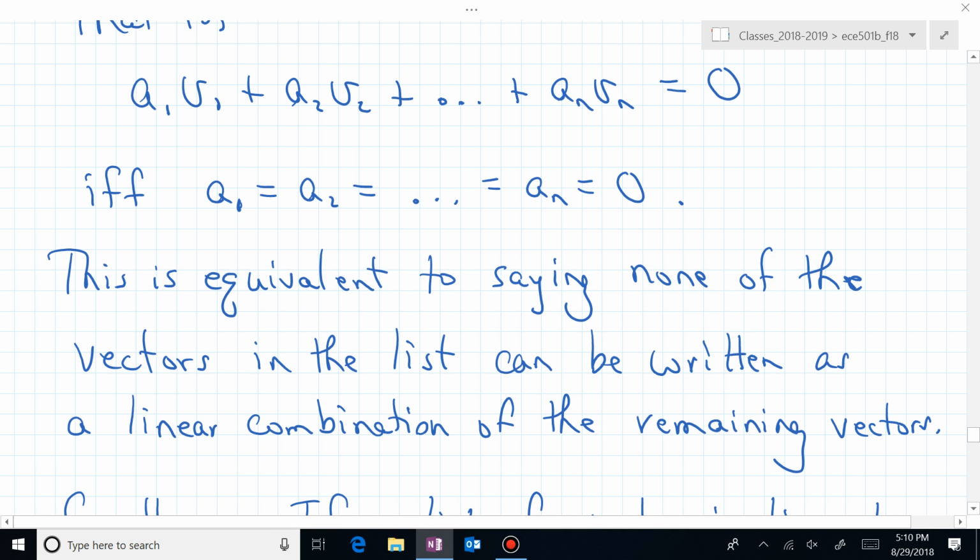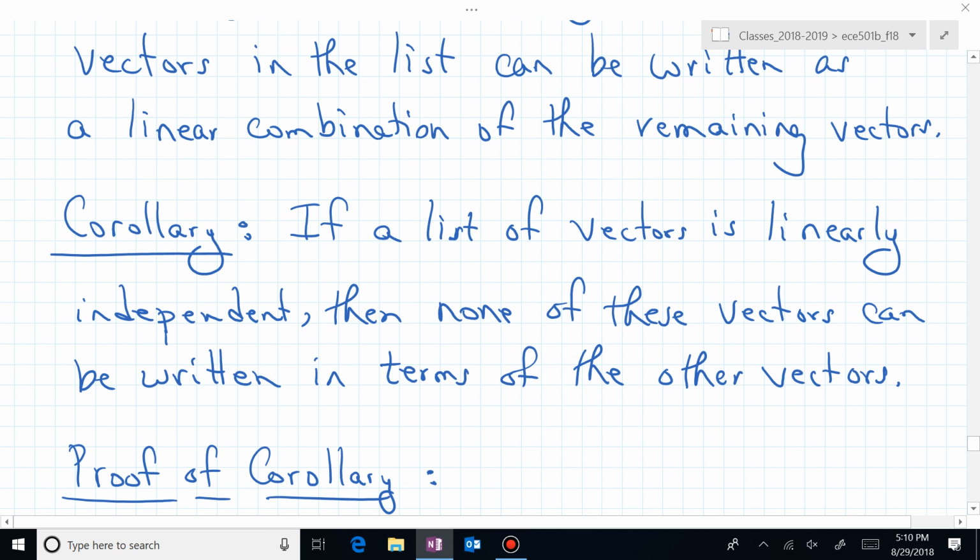A corollary is really just a secondary conclusion from a proposition. So we formally stated that as a corollary. We basically said the same thing from one statement to the other. Is that okay?